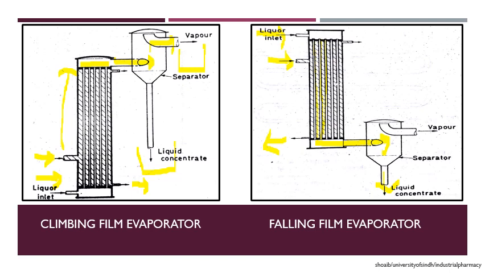It is more difficult to move a concentrated liquid from downside to upside in a climbing film evaporator, but it is easier to move it through a falling film evaporator. In certain cases, the climbing film evaporators and the falling film evaporators may be combined to obtain a more concentrated product.